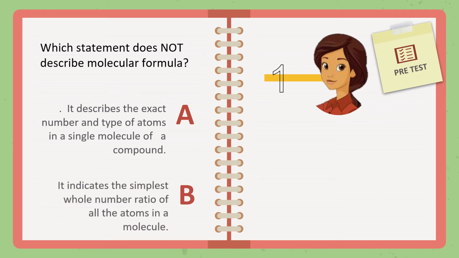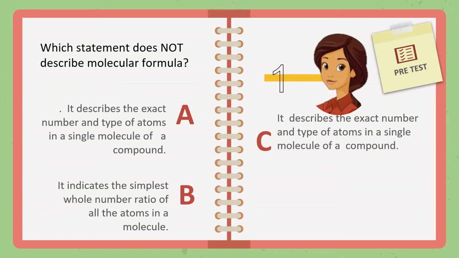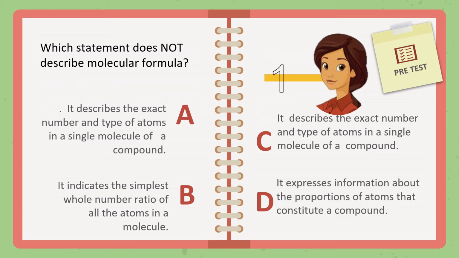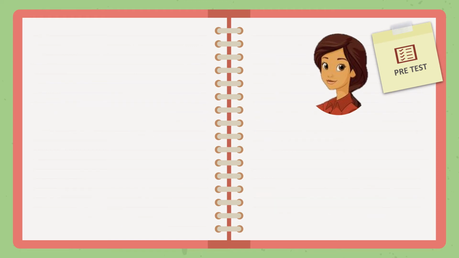B. It indicates the simplest whole number ratio of all the atoms in the molecule. C. It describes the exact number and the type of atoms in a single molecule of a compound. D. It expresses information about the proportions of atoms that constitute a compound.